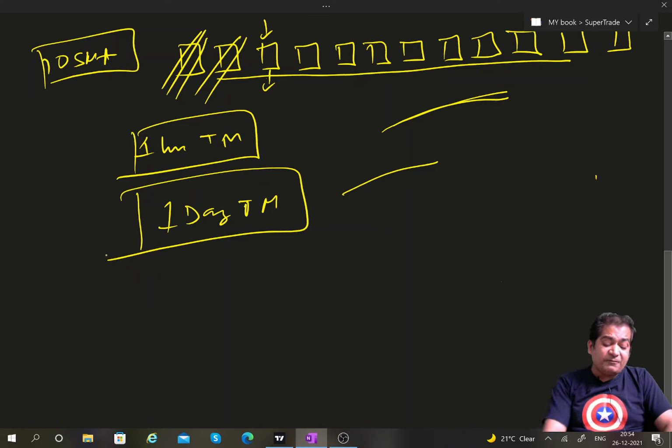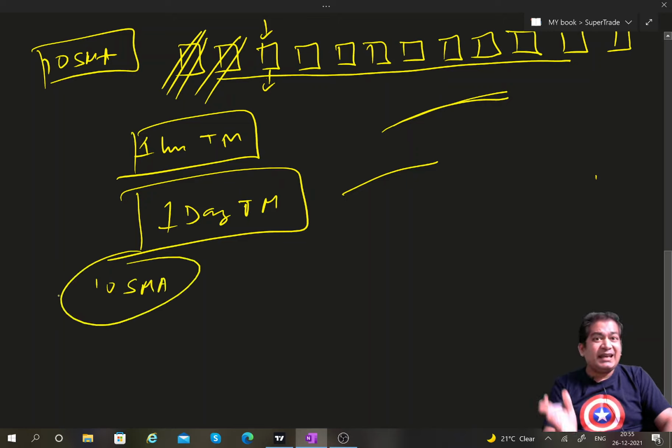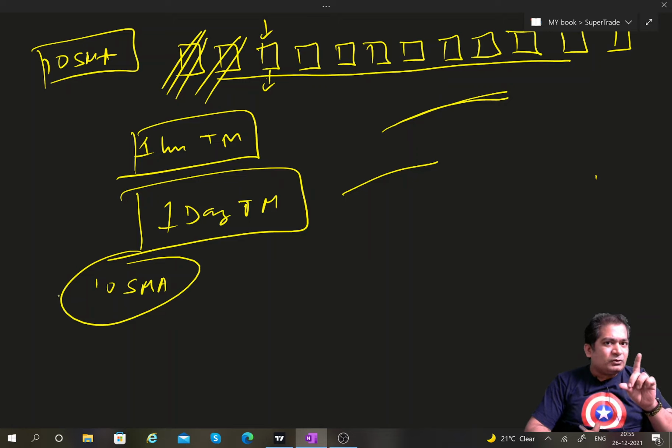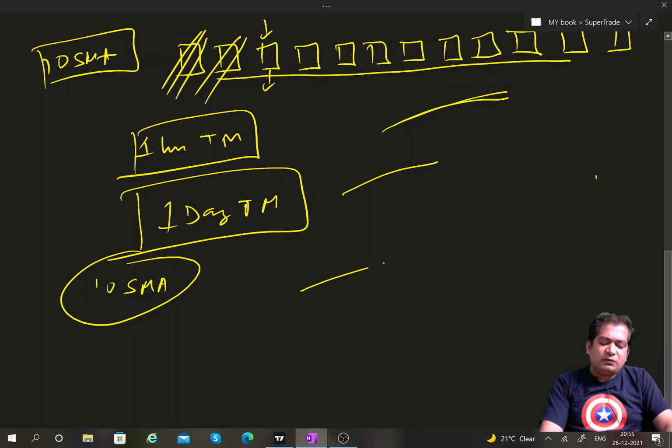And in that case, if I'm using, let's say, a 10 period simple moving average, it will take the past 10 candles. It means 10 days of data because 1 day is 1 candle. So it will take the values of the past 10 days of candles and give you the average.